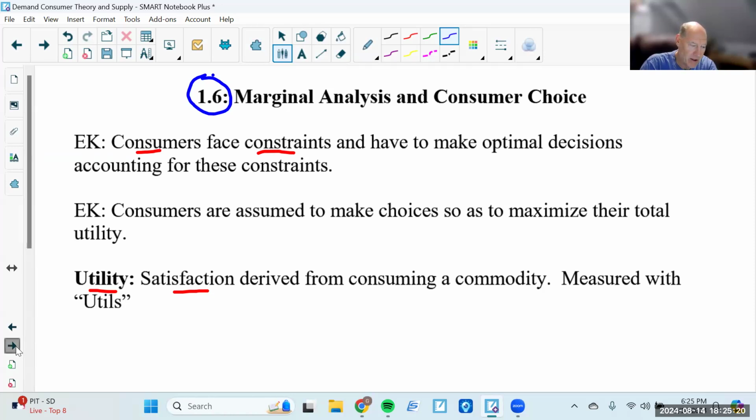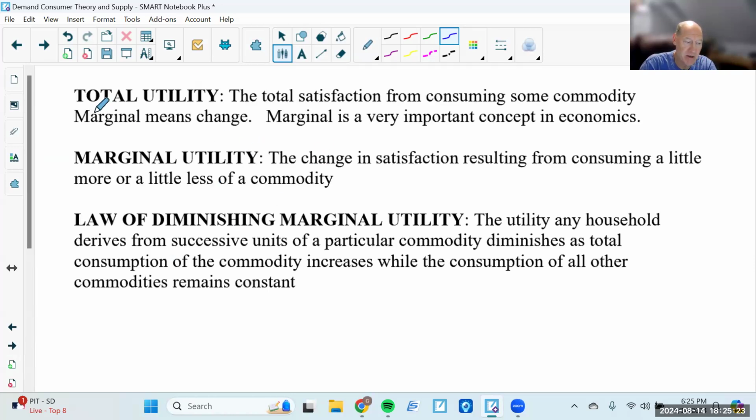All right. Now, once you've got that, we have to talk about different types of utility. There's total utility, which is just what it sounds like. It's total. But in economics, we very seldom worry about total. Almost all economic decisions are based on what we call the margin. This is a very huge concept in this course.